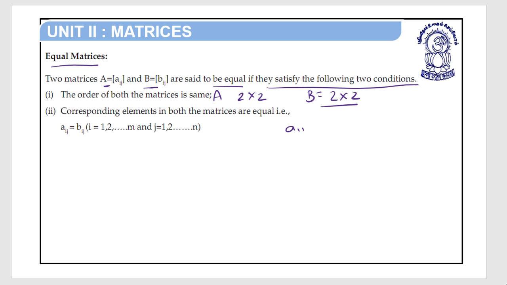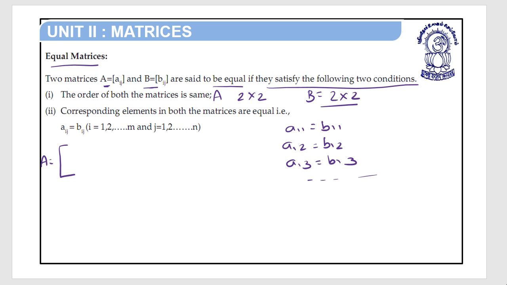So A11 is equal to B11, A12 is equal to B12, A13 is equal to B13, and so on.